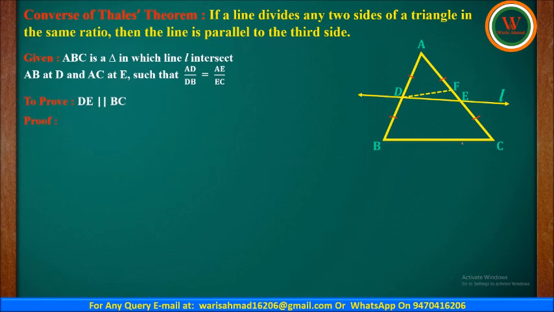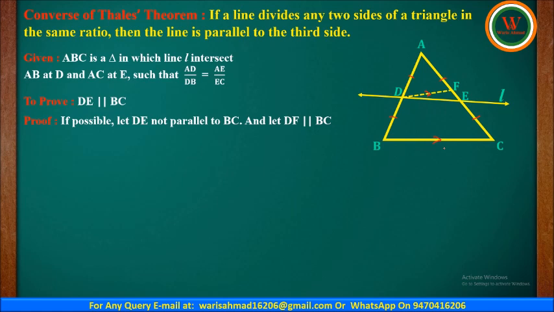So here we can write in the proof, if possible, let DE not parallel to BC and DF is parallel to BC. Here I have assumed this line DF is parallel to BC, but right now DE is not parallel to BC.